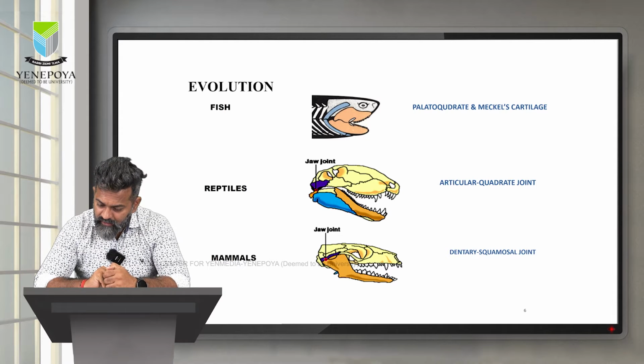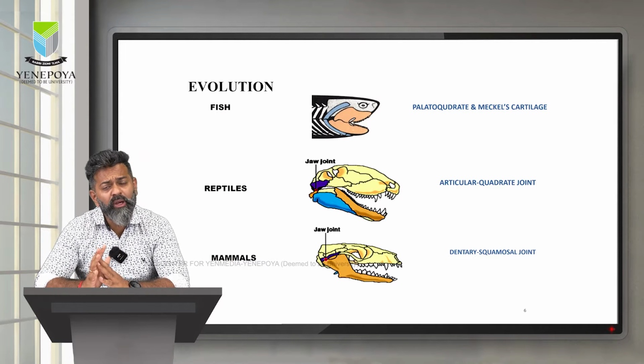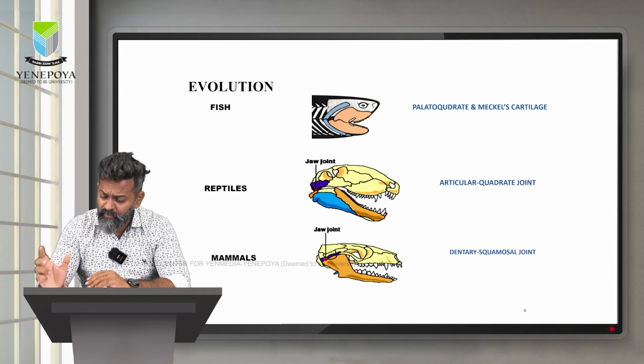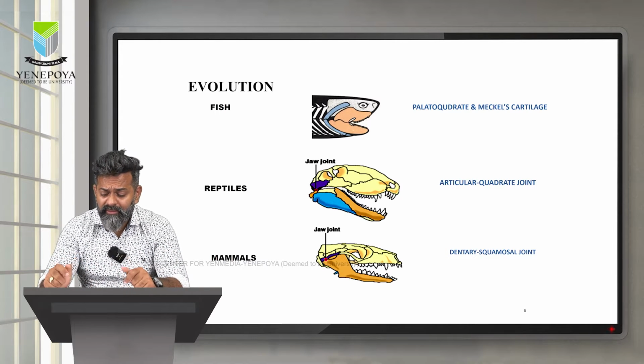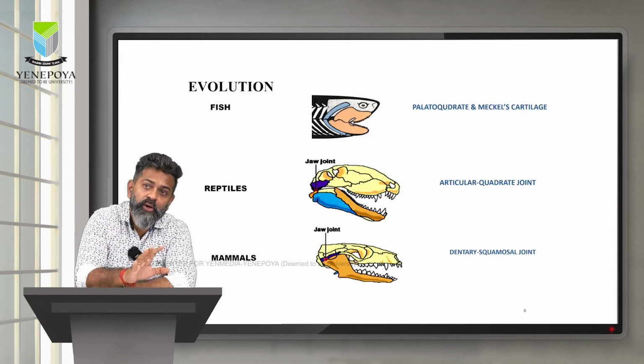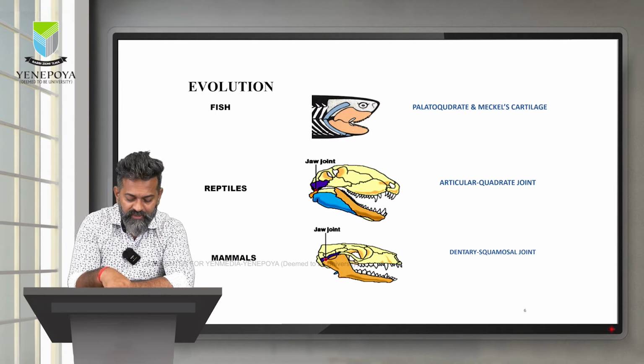In mammals, a new joint has been created between the dentary, which is the only bone remaining in the lower jaw because the others are fused with it, and the squamosal part of the temporal bone. Ultimately the jaw is shifted from the articular-quadrate joint to a dentary-squamosal joint.